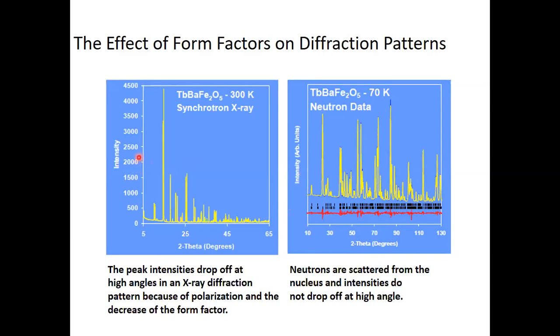So if we diffract X-rays at a crystal, then that means that the intensity of our measured reflections, as indicated here in a powder X-ray diffraction diagram, will decline with increasing 2 theta angles.